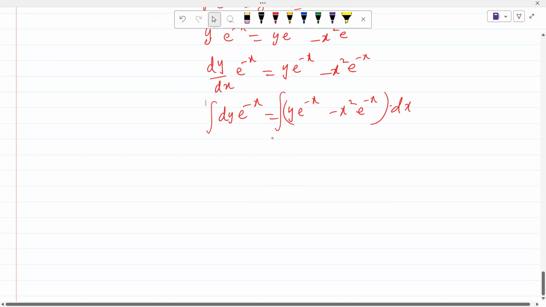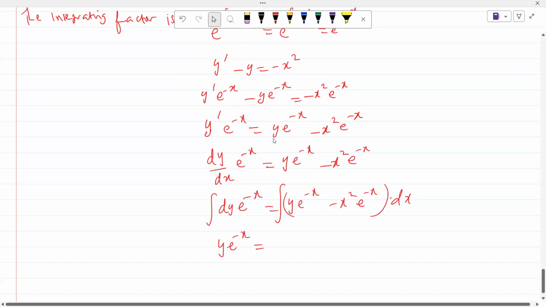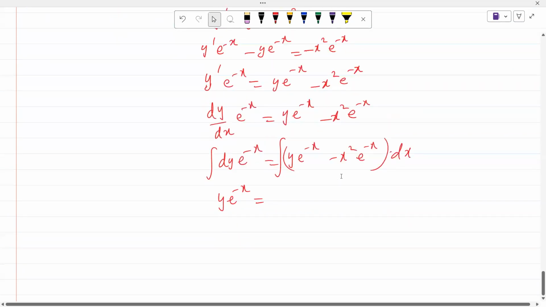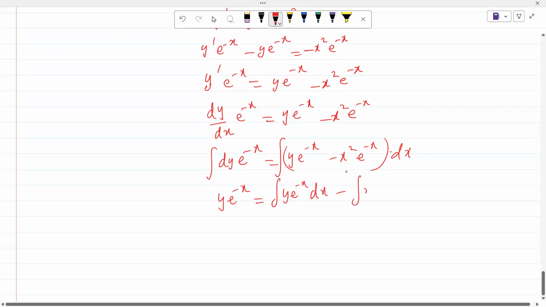If you integrate both left and right, we have y e to the minus x. What does this give us? You'd have the integral of y e to the minus x dx minus the integral of x squared e to the minus x dx.